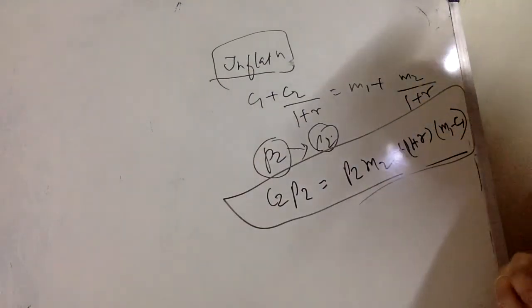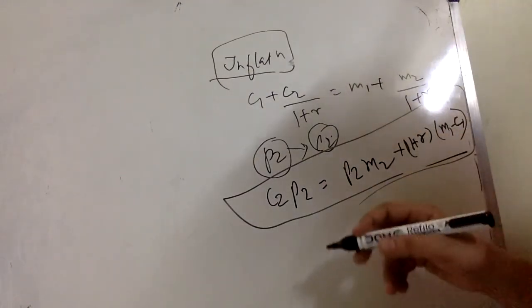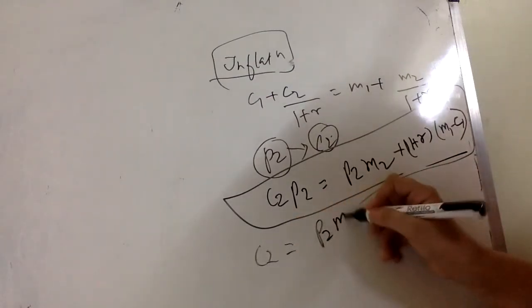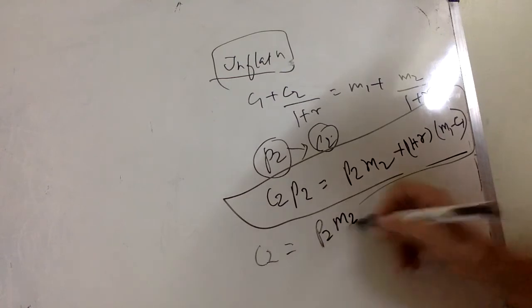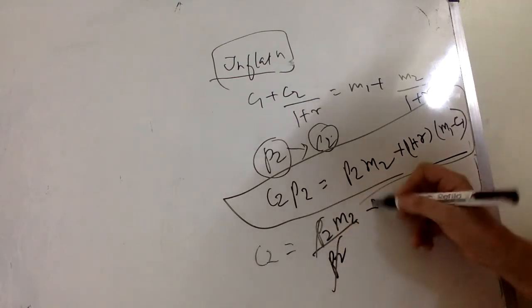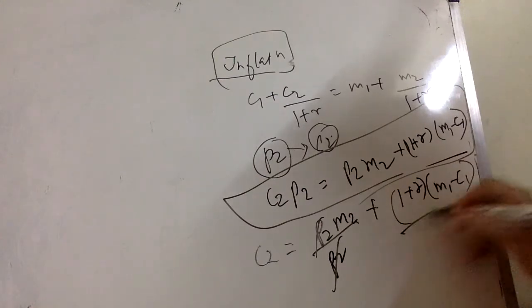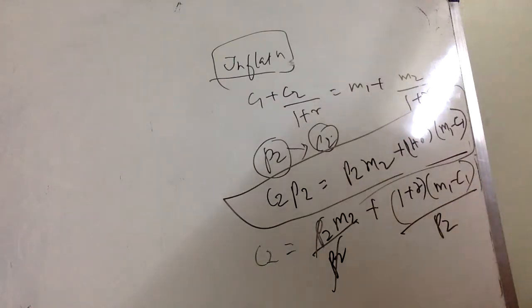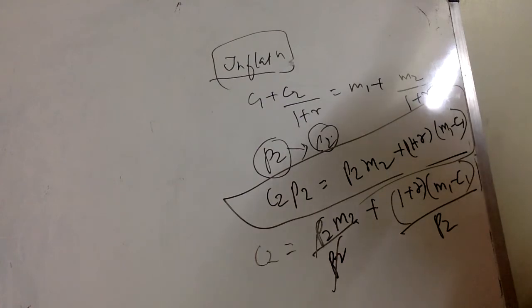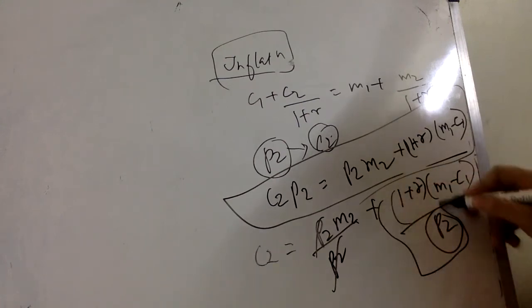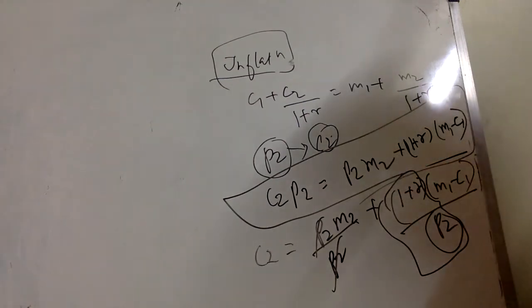Now if I rearrange this equation, it becomes C2 equals P2 M2 by P2, which gets cancelled, plus 1 plus R times M1 minus C1 upon P2. So this equation is similar to what we have derived earlier. Here P2 is the price of the second period.